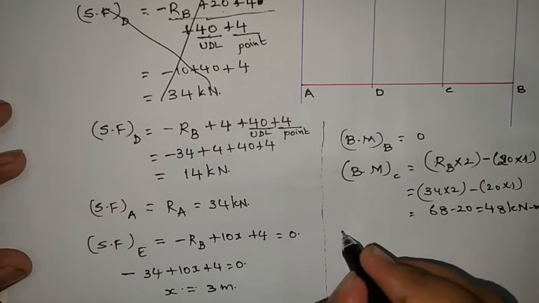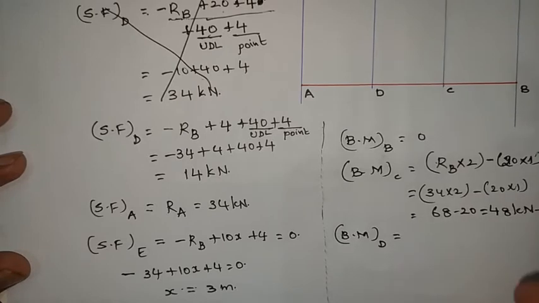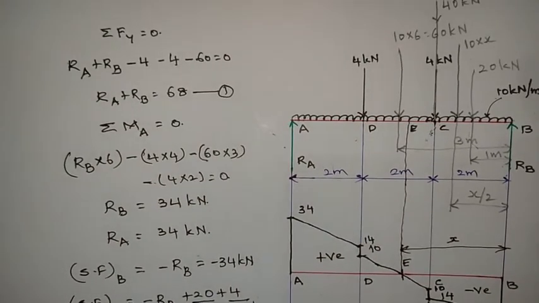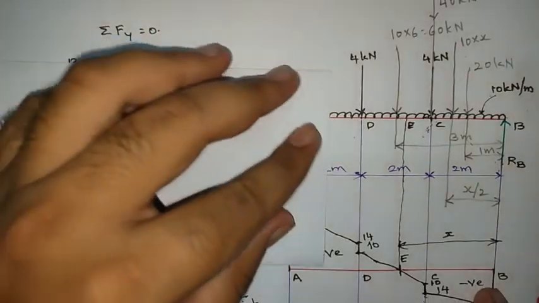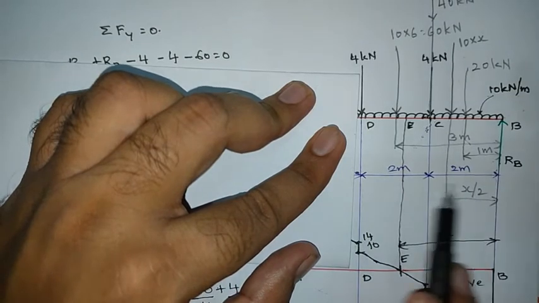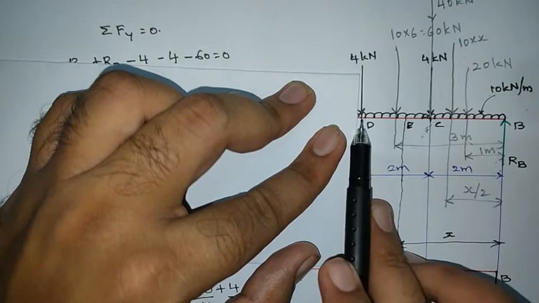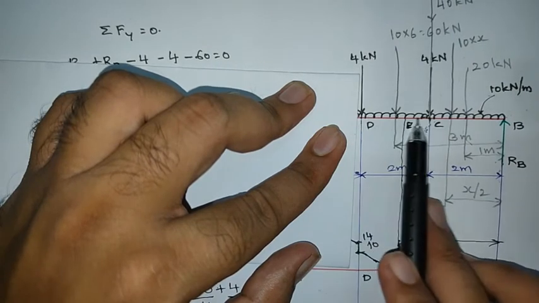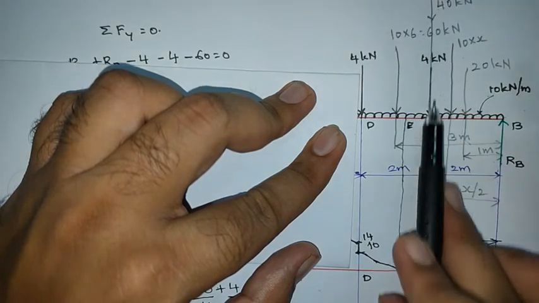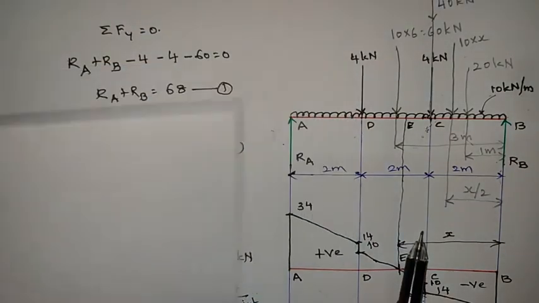Next calculate the bending moment at D. So what is bending moment at D? Close the left side of D, then what are the forces acting? So RB into 4, next 4 into 2, next if you convert this entire UDL, then what you will get? 40 into 2, right? So now solve that.